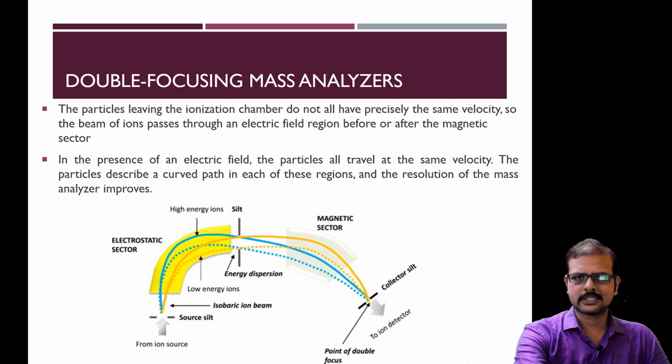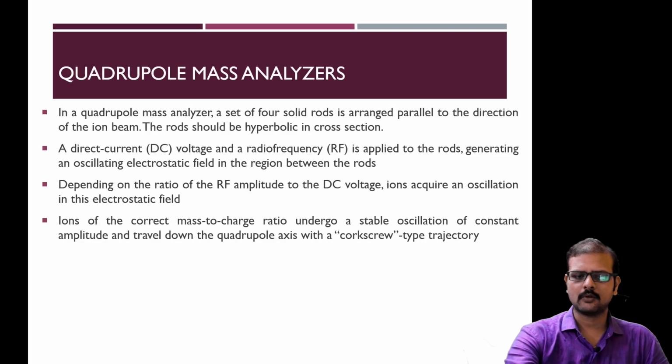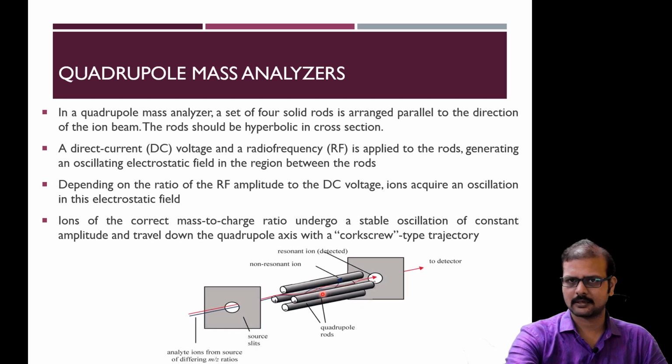So the advanced technique, that is quadrupole. So here we take 4 poles, that means 4 rods, where 2 are oppositely charged, these 2 are oppositely charged, and these 2 are oppositely charged rods. And for these rods, we pass the DC current, such as electronic current, and the radio frequency.